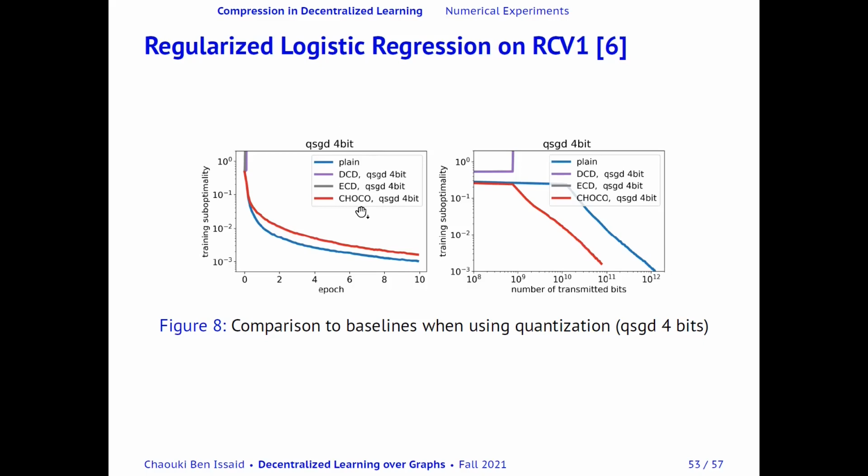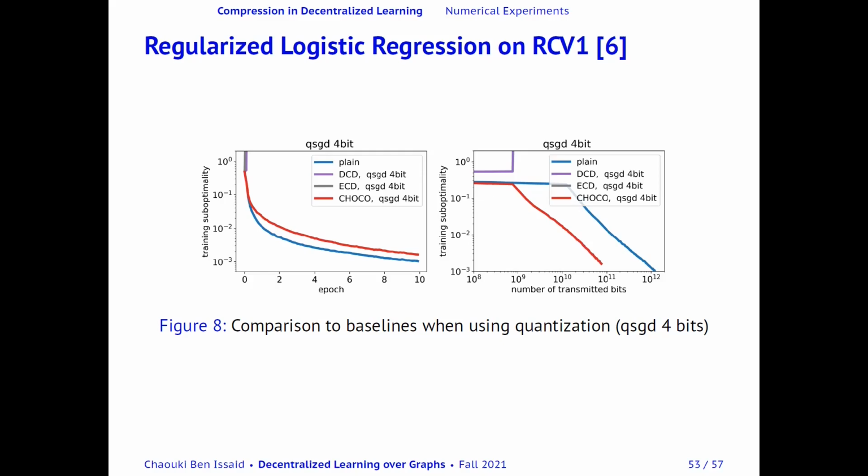And we can see that a similar conclusion can be made when using quantization. In fact, SPARQ-SGD outperforms both DCD and ECD, and it presents significant communication savings compared to vanilla decentralized SGD.